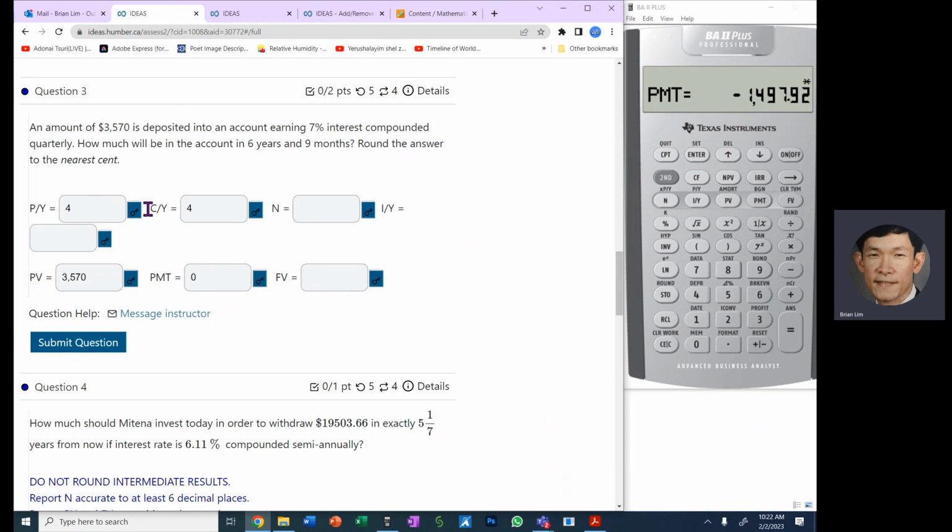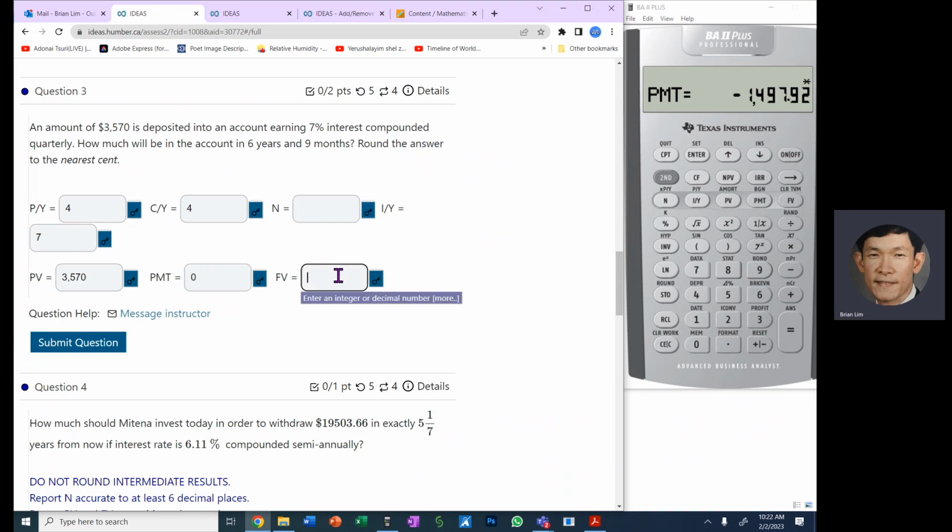But what you're learning is that the multiplication takes place with the payment per year, the PY value, as opposed to the CY value. So to fix that with a compound interest, these two have to be the same. That is the structure. All right, so the interest is 7%.